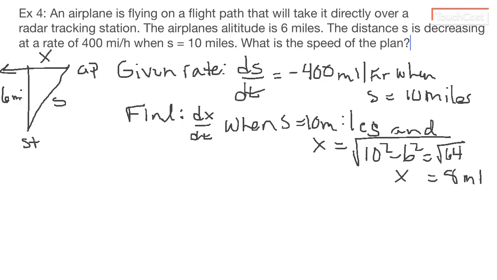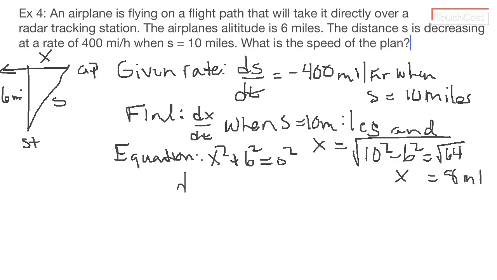Now, we're going to use the Pythagorean theorem for our equation. We've got x squared plus 6 squared equals s squared. Let's differentiate each side with respect to t.